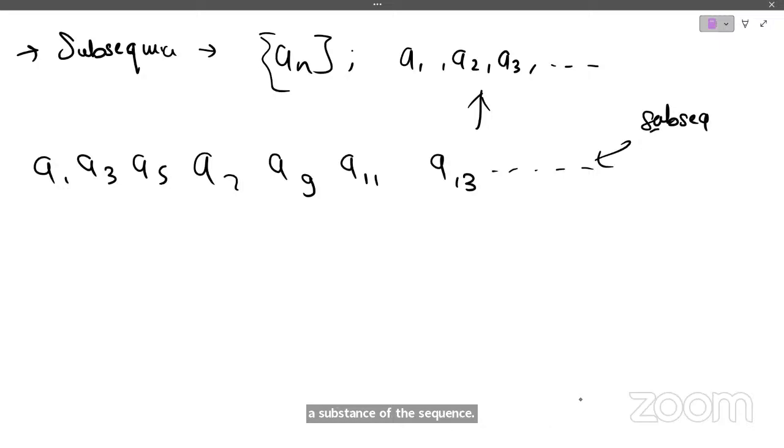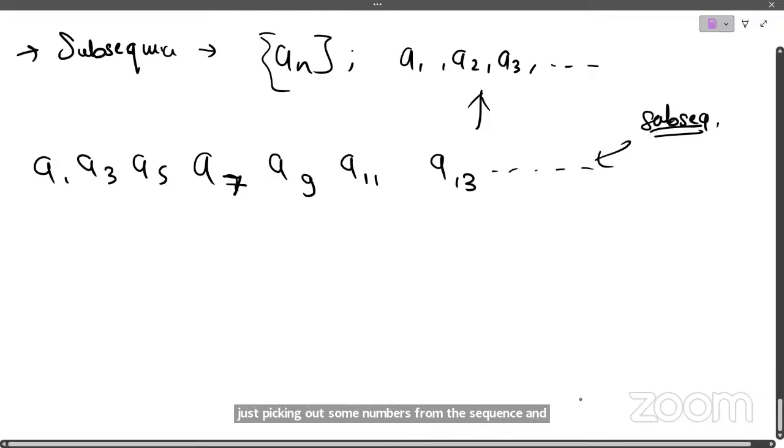The name suggests itself, right? Subsequence means a sub-family of the sequence. So the basic definition is that we pick out some numbers from the sequence and together we form a sequence that we call the subsequence.